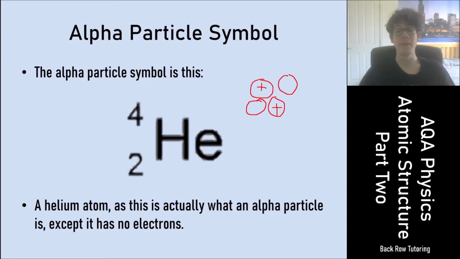But remember, we don't have any electrons on this alpha particle because it's not actually an atom, it's just an alpha particle. But we represent it as a helium nucleus because it has a mass number of 4, because we have 2 protons and 2 neutrons, which give a mass number of 4, and it has an atomic number of 2 because there's 2 protons. So an alpha particle symbol is given as that, a helium nucleus.